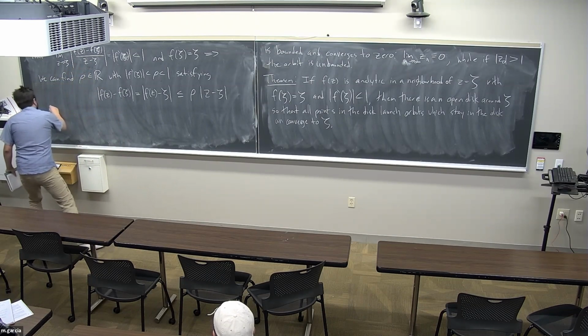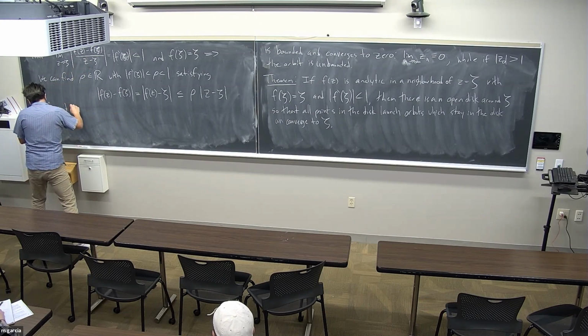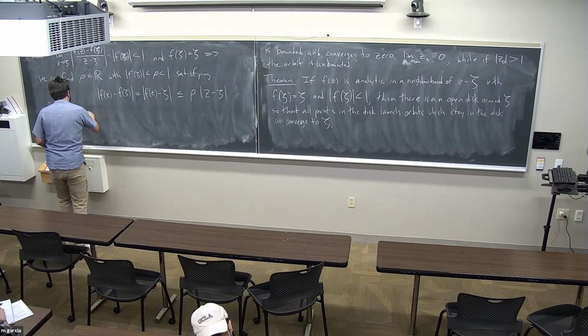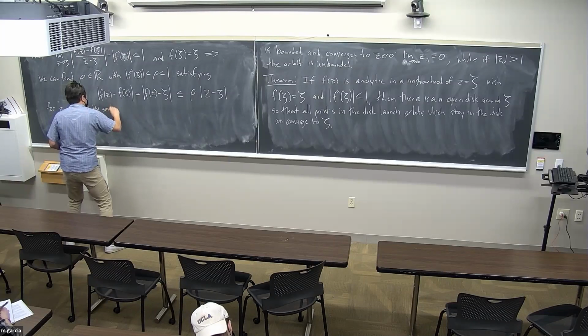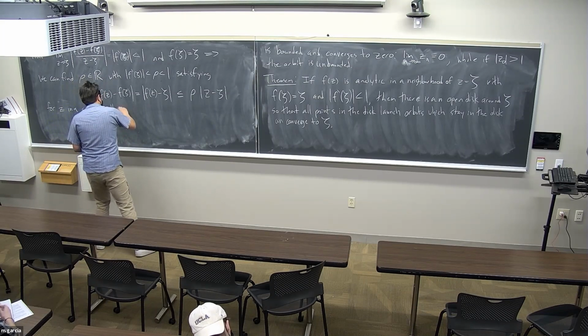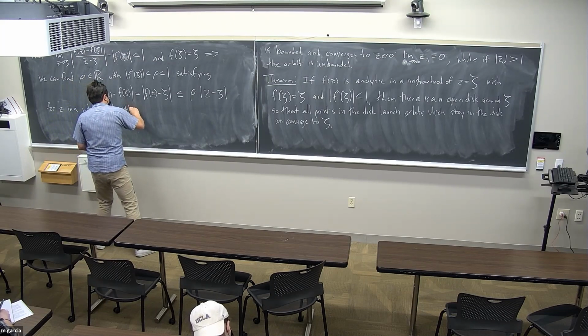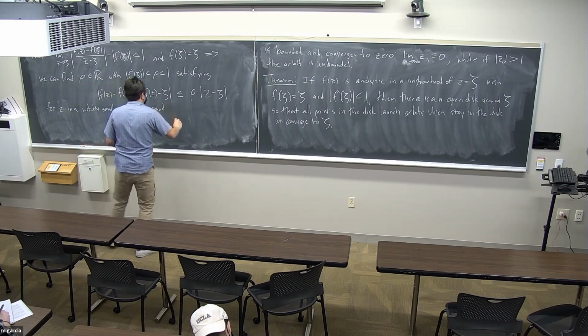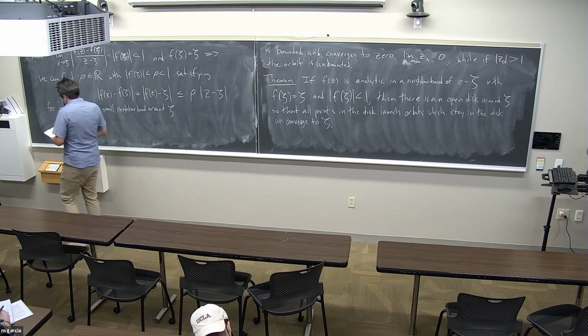This is to say, for suitable z in a neighborhood around zeta. Okay.